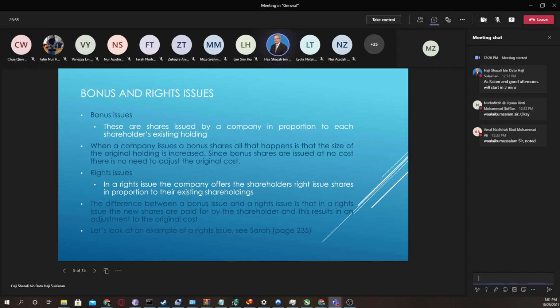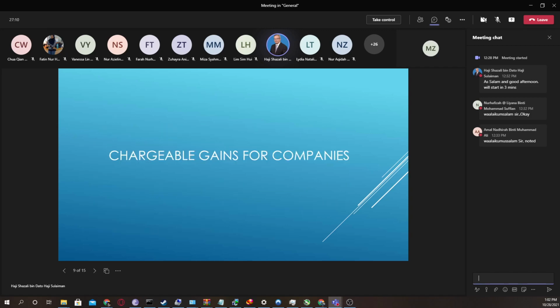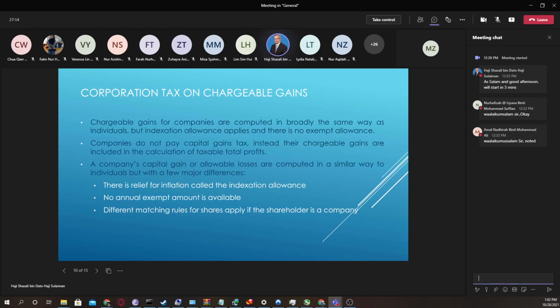Okay, so now I want to cover chargeable gains for companies. Basically, this is chapter 20, page 309.